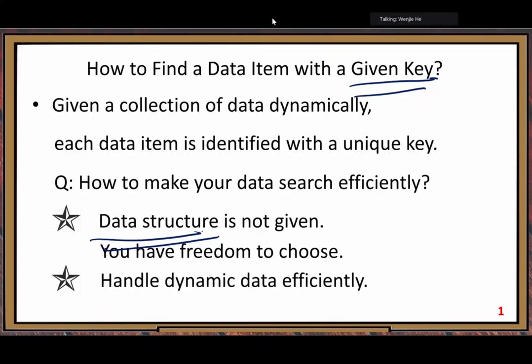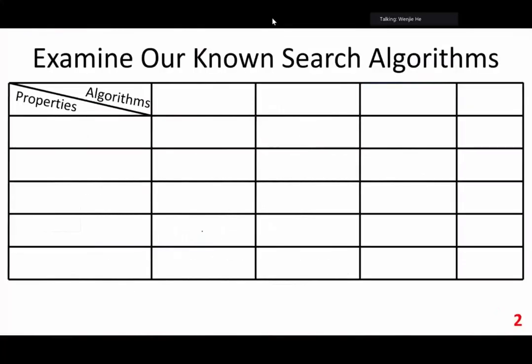Okay. So let me do some comparisons here. Related to search algorithms, we learned linear search and binary search. But there is another search that we didn't learn in class, but it's very simple.